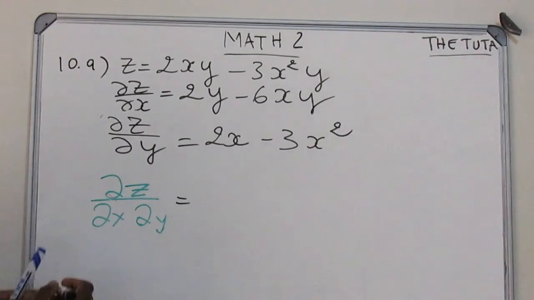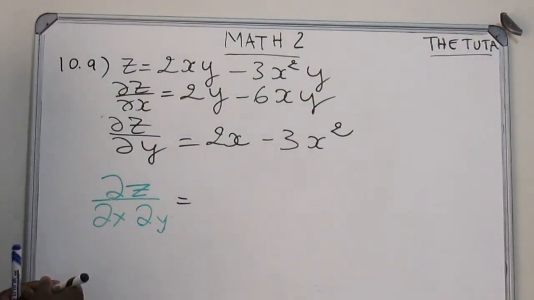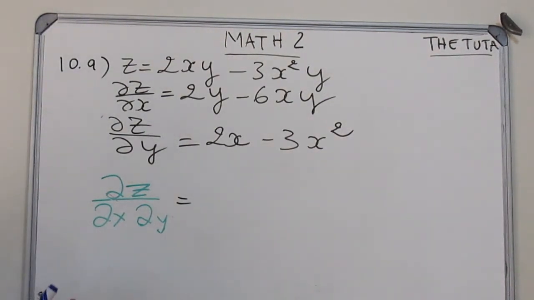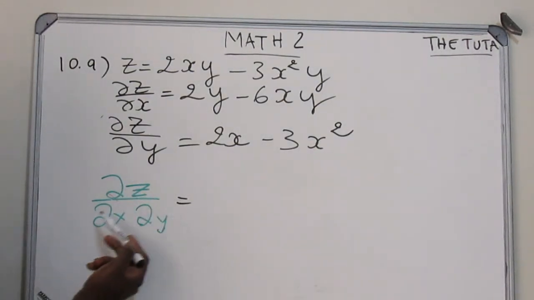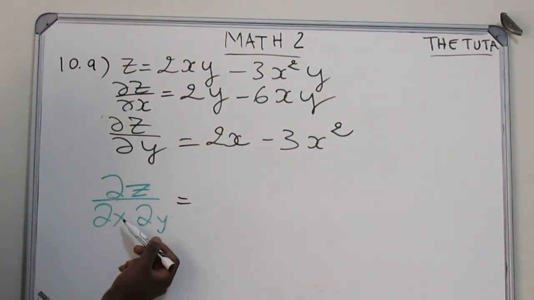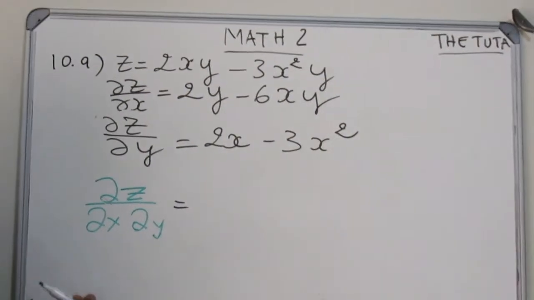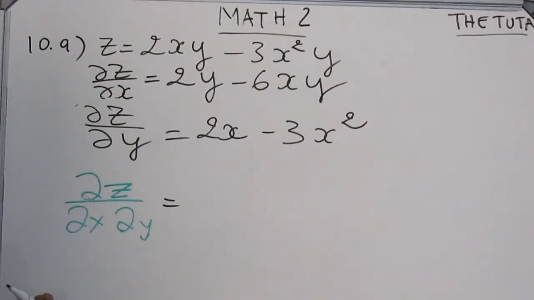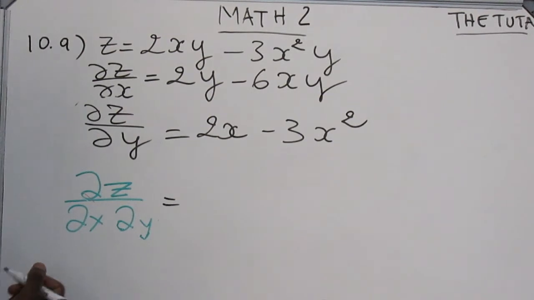Okay guys, we found the second derivative of z with respect to x and also with respect to y. But now there is also this writing here, d squared z over dx dy. This is also another writing. It's also a second partial derivative, but here we are working differently from the other one that we just did.